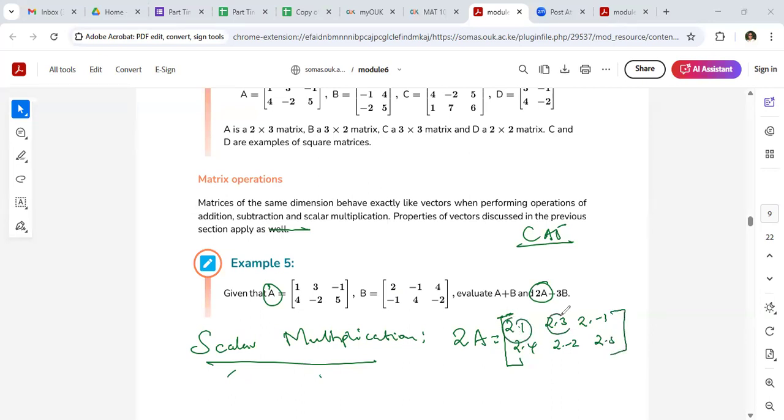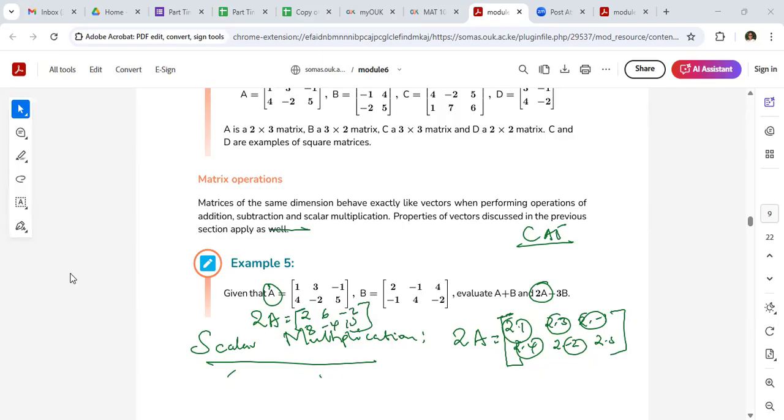So multiply every element in the matrix by the scalar, and the resulting matrix 2A would be the matrix 2, 6, -2, 8, -4, and 10.